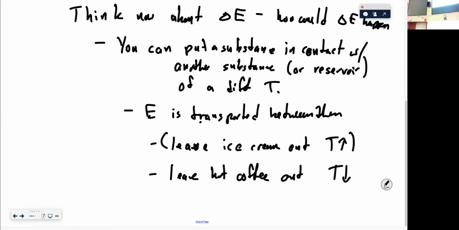It does not affect the temperature to draw energy from that substance or put energy into it. Like leaving a bowl of ice cream out on the table is not going to substantially change the temperature of this room. We could assume that this room is a reservoir of energy for our ice cream.